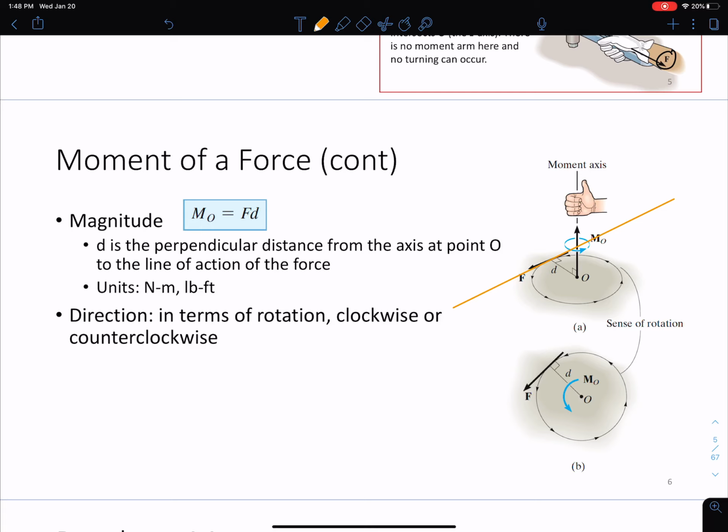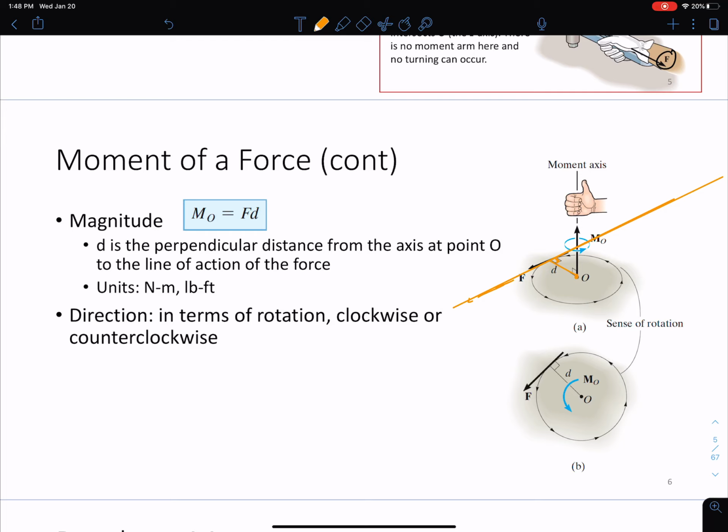So it doesn't have to be exactly where it's applied. It just has to be anywhere on this entire line of action, and you get this perpendicular distance from that line of action to point O. So wherever you can draw the perpendicular, that's my d, that's my moment arm. It's the shortest distance to that point of rotation.